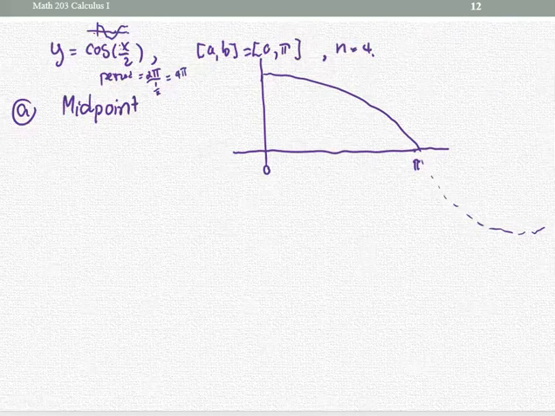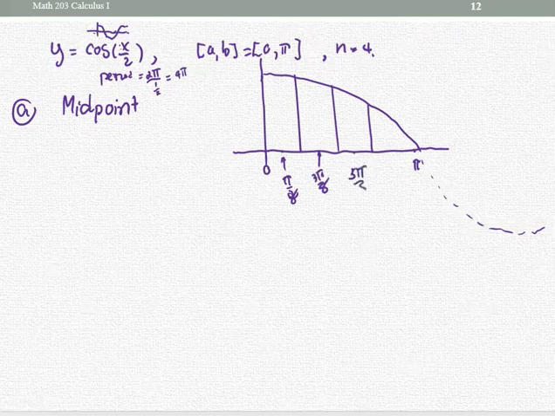From 0 to pi, we break it up into 4 equal subintervals. The first midpoint is at pi over 8, and then 3 pi over 8, 5 pi over 8, and 7 pi over 8.